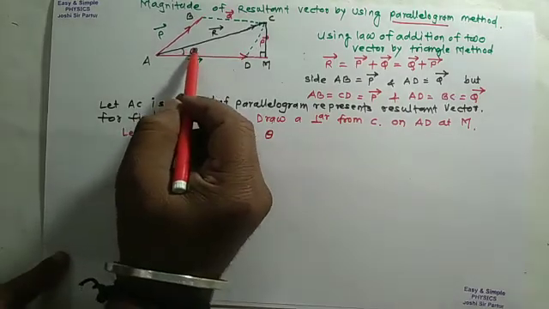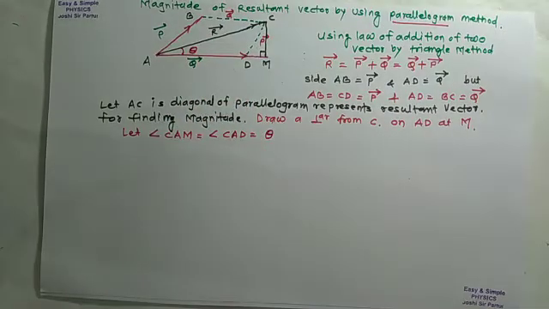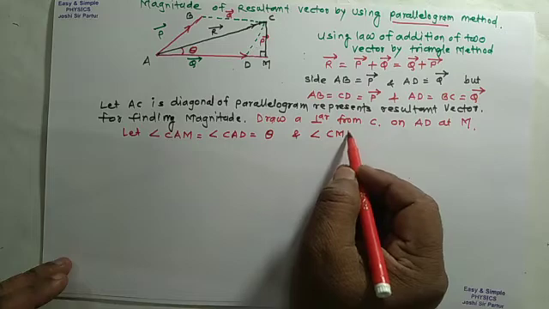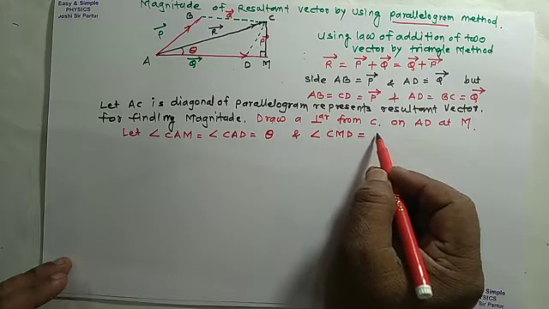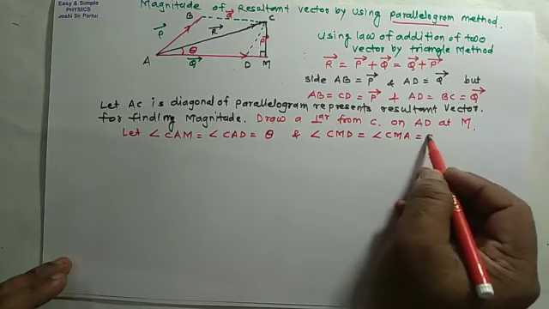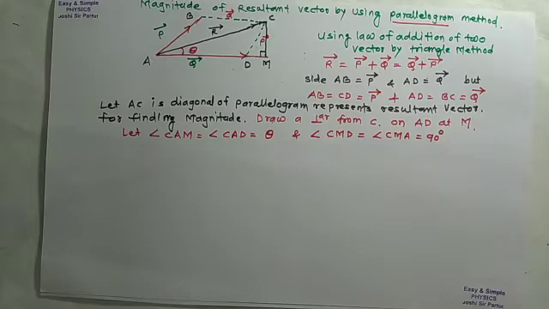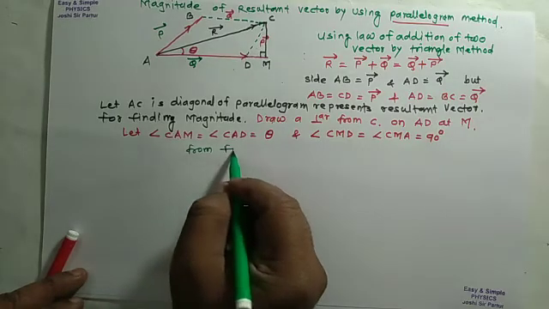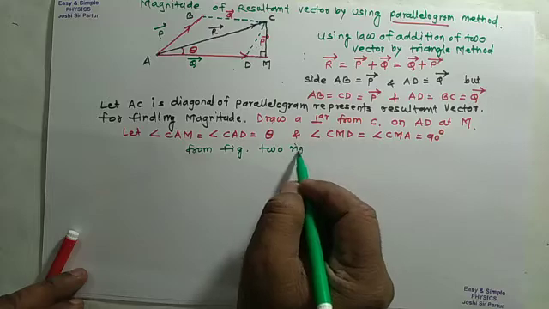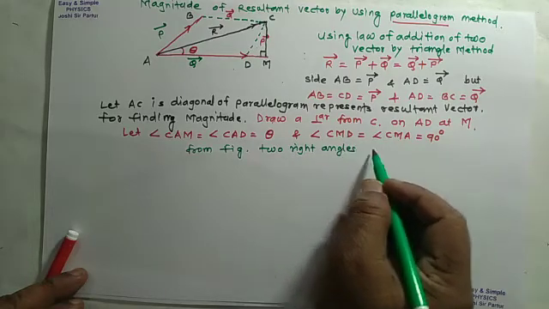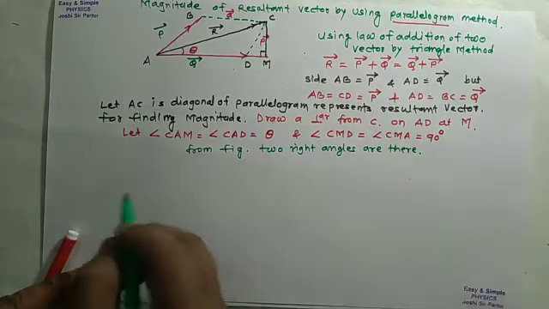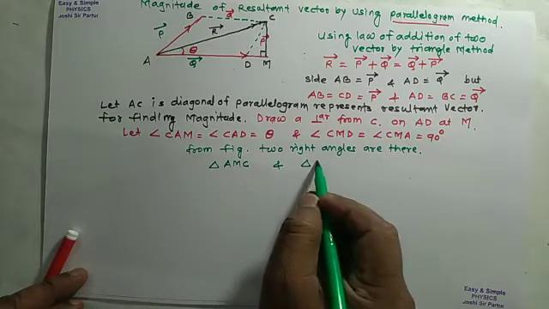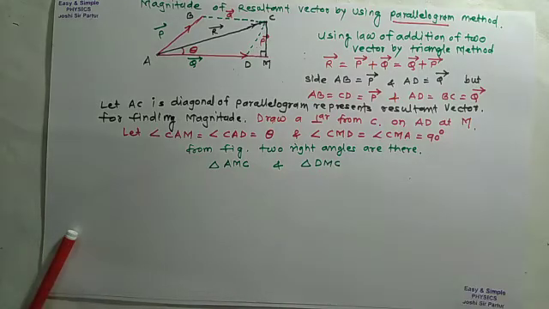Consider angle CAM or CAD to be theta, and angle CMD, equal to angle CMA, also shows 90 degrees. So from the figure, two right angle triangles are there, which are triangle AMC and another is triangle DMC or triangle CMD.